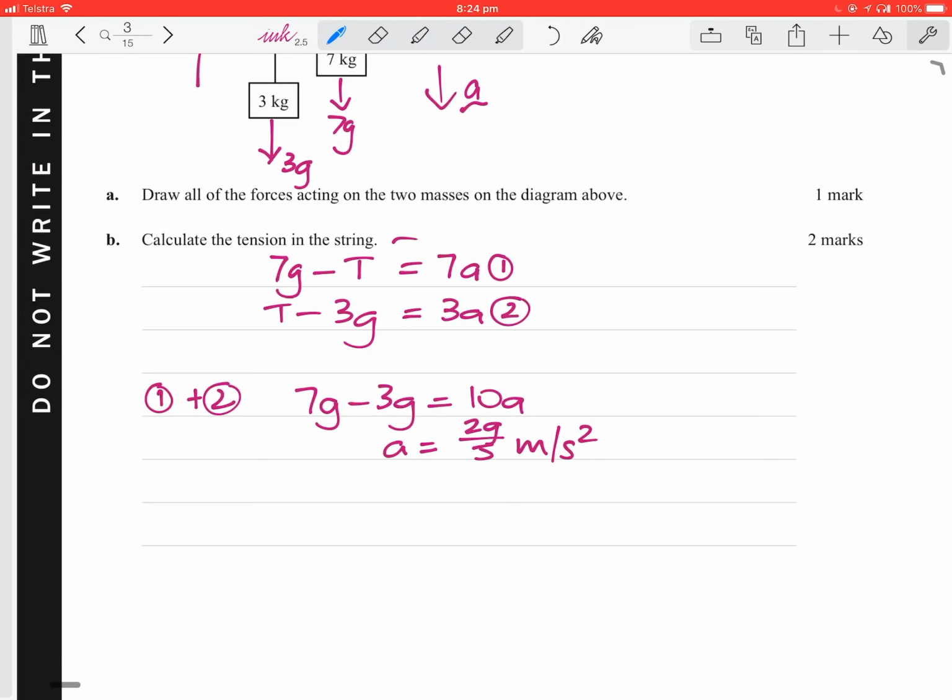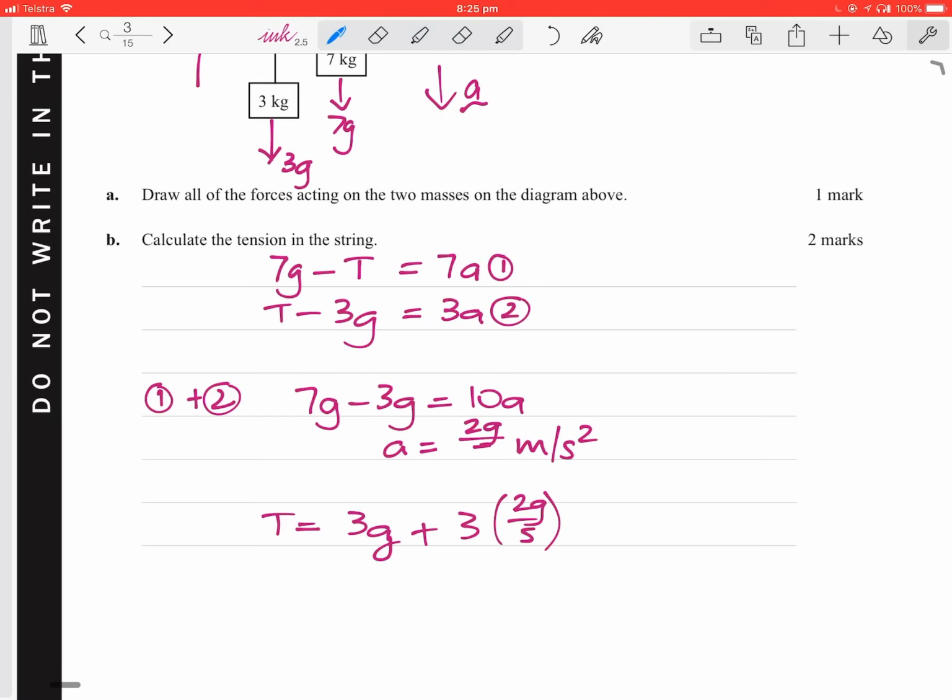Calculate the tension in the string. From this, we can see that tension is 3g plus 3 times 2g on 5. It's not very neat there.